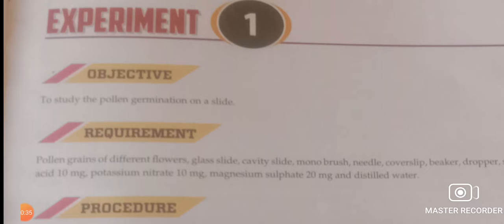So for that, we need different materials. Materials required are pollen grains from different flowers, then glass slides or cavity slides, any one you can use. Then brush, needle, cover slip, beaker, dropper.